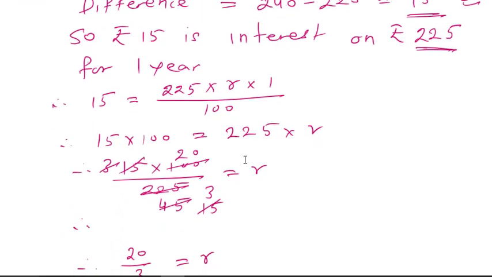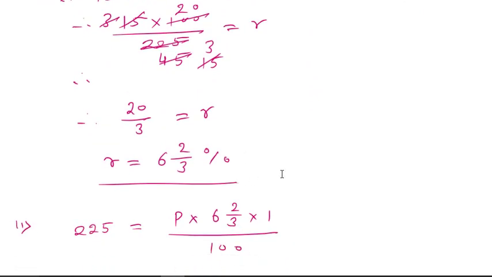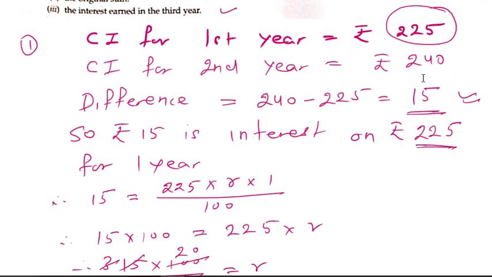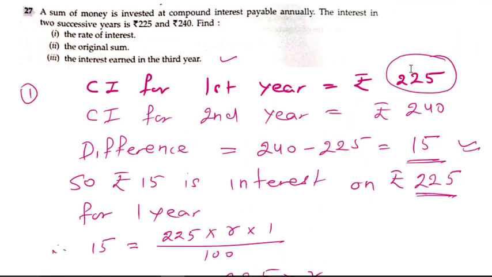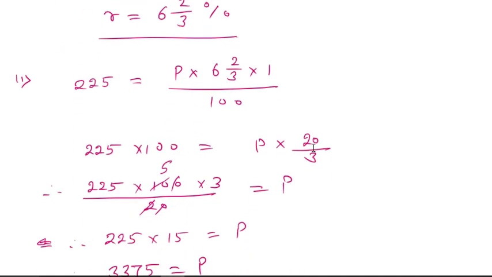So by calculation we got the rate of interest as 20 upon 3, that is 6 2/3%. Now once I know the rate of interest and the compound interest for first year, which is the same as simple interest for first year, and I know the period is 1 year, using the formula I equals PRT upon 100, I can find the value of P, principal.